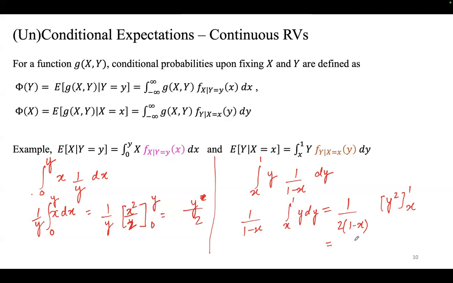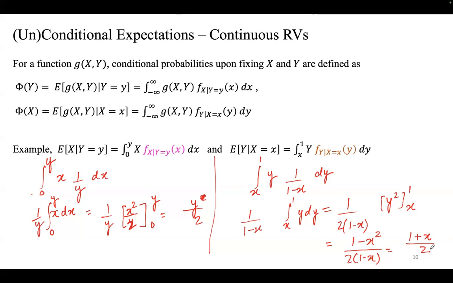So it's going to be 1 minus x square. So you can do that. So 1 plus x divided by 2. Yeah, this is the answer. Cool. Good. Okay. All right.